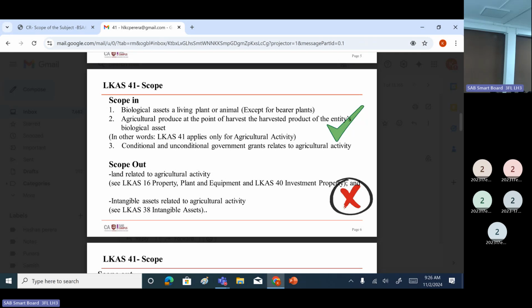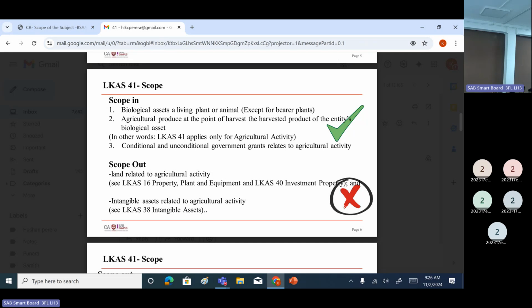So that's the scope: agricultural produce at the point of harvest, the harvested product of the entity's biological asset. Agricultural produce at the point of harvest. After transporting that agricultural product to the manufacturing company, it is inventory, right?